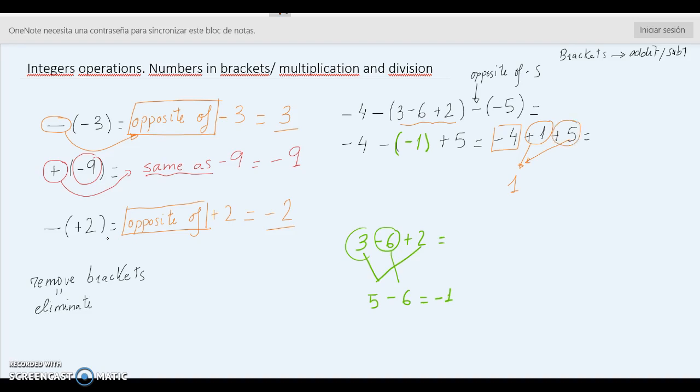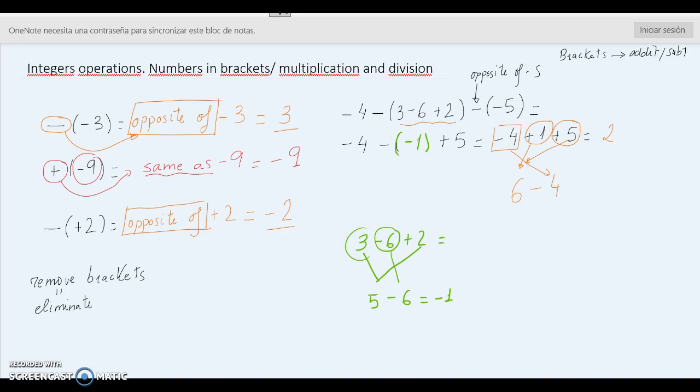Okay, sorry, plus 1 plus 5 is plus 6. So this is 6. And now I have minus 4. So 6 minus 4 is obviously 2.